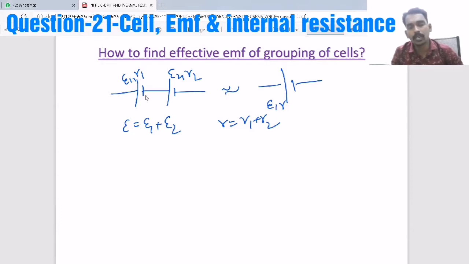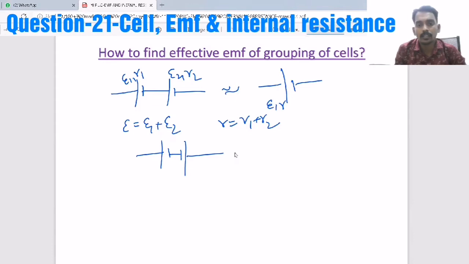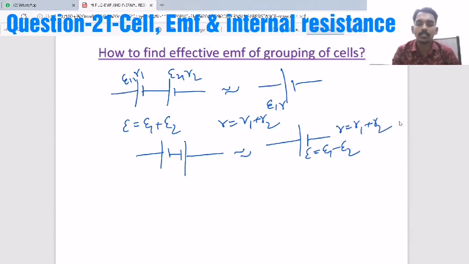Here, the positive terminal of one cell is connected to the negative terminal of the other. If the polarity is reversed like this, then epsilon becomes epsilon 1 minus epsilon 2, but R still remains R1 plus R2. This is nothing but series connection.